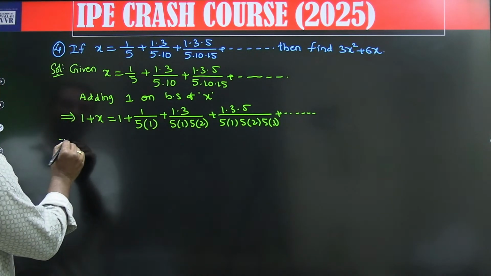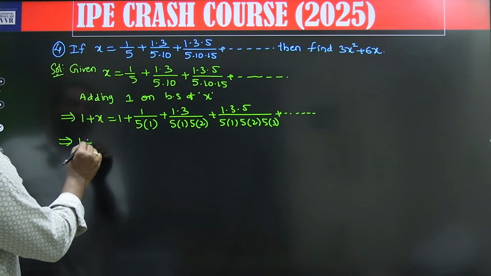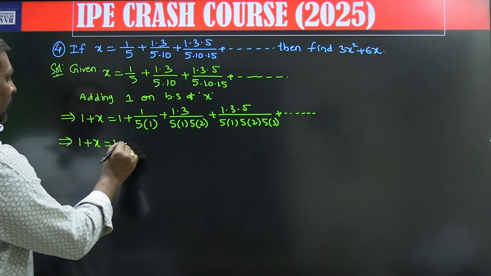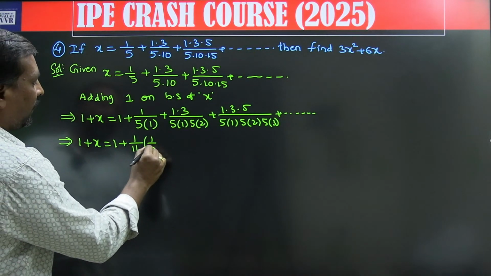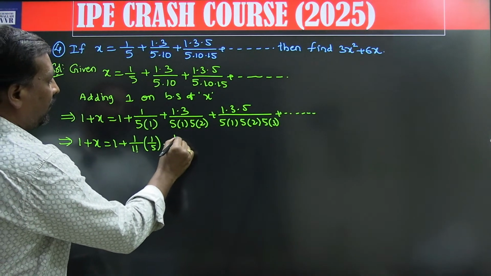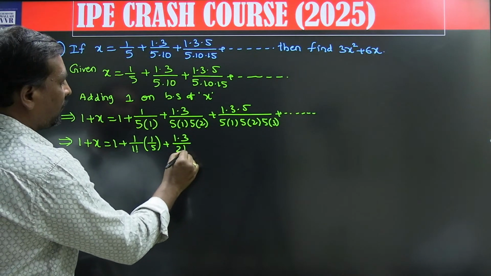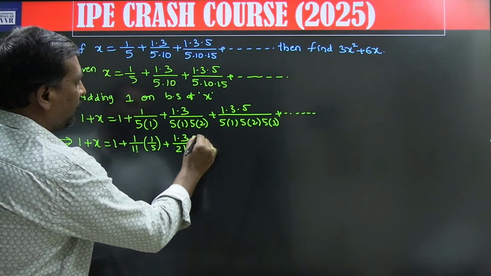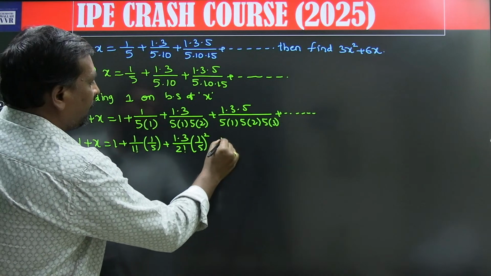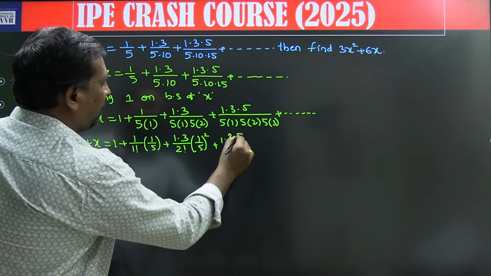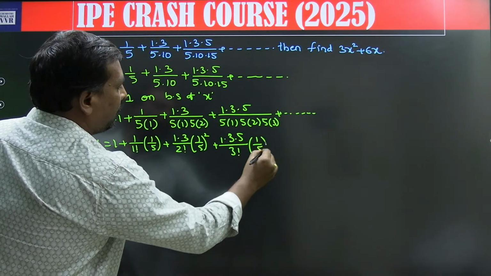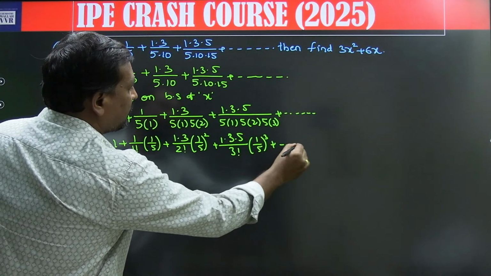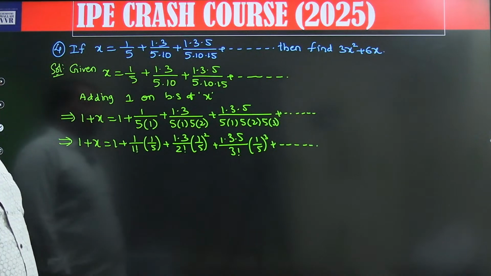So 1 plus x is equal to 1 plus 1/1 factorial into 1/5, 1·3/2 factorial into (1/5) whole square, 1·3·5/3 factorial into (1/5) whole cube plus and so on.